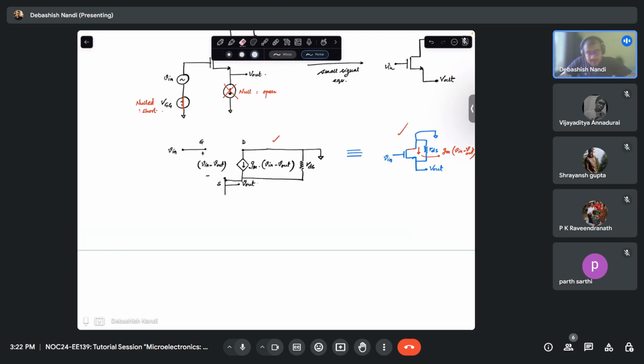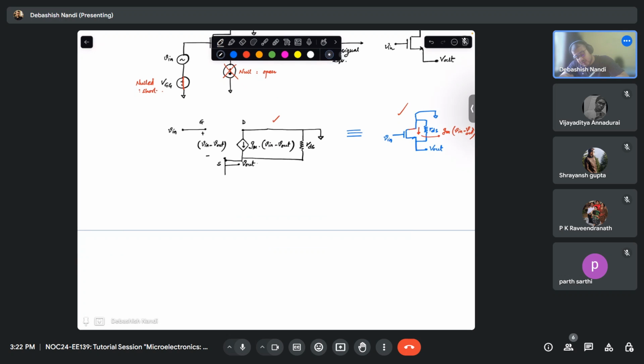Another way to represent the same thing is that this is small signal equivalent 1, small signal equivalent 2, and another way, this is minus gm, this is your V in, and this is your... okay, I'll introduce this in the case of common source amplifiers.